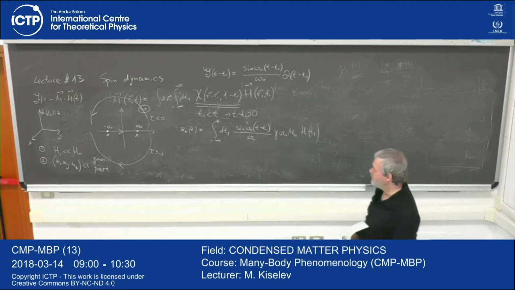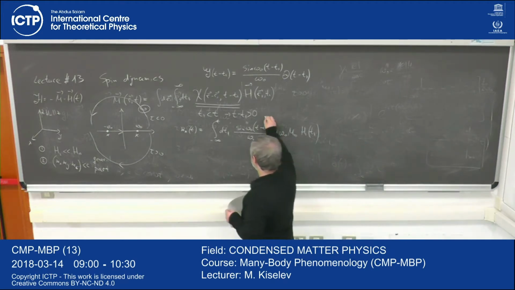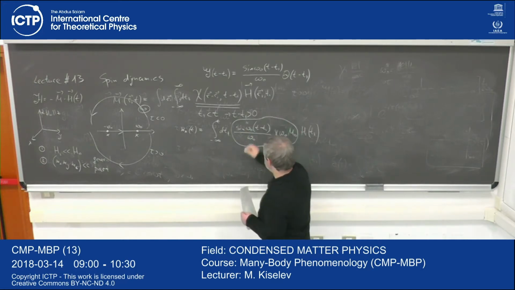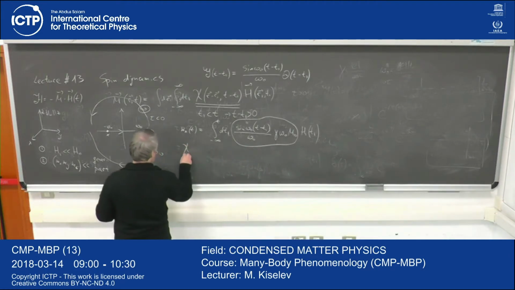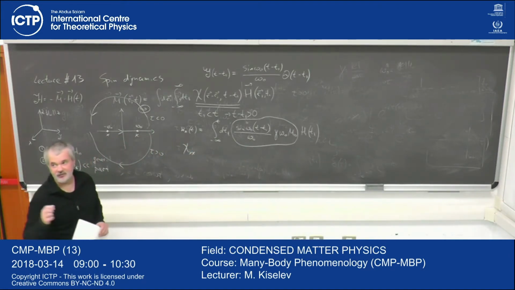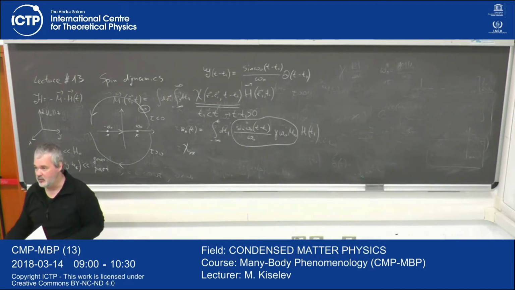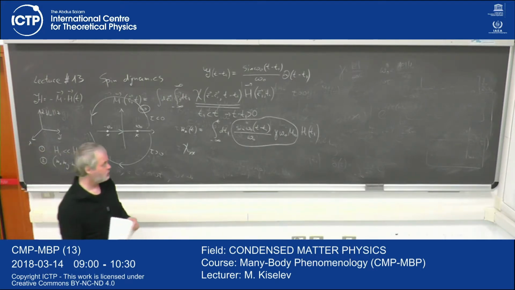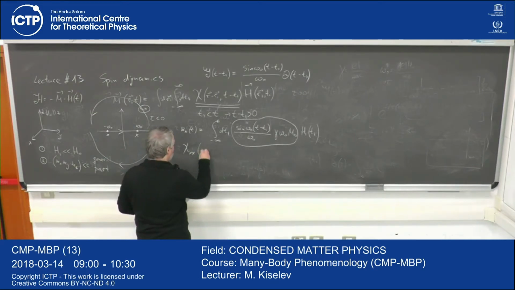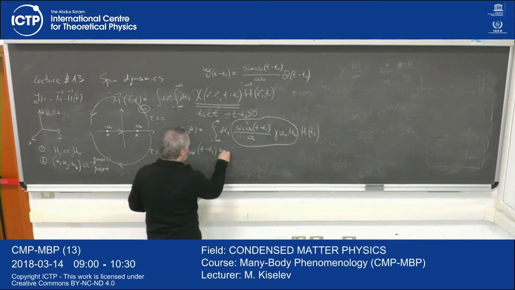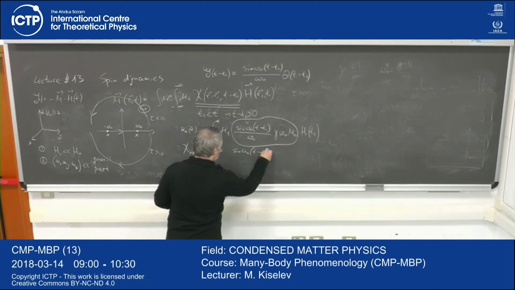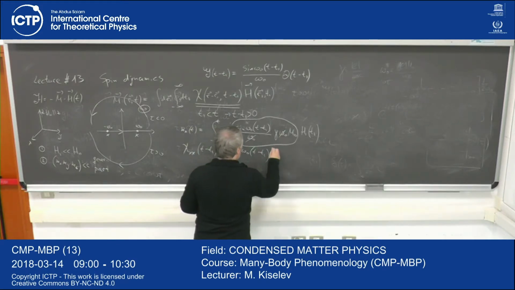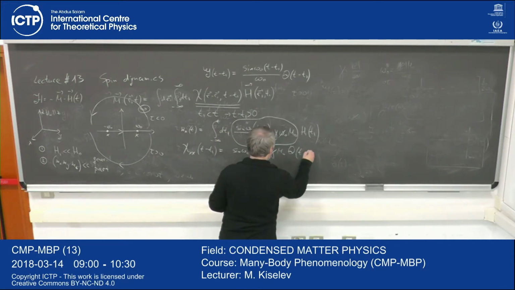So then, by comparing this equation, I will say that my susceptibility chi xx, because this is a tensor, and I apply the field along the x direction, and I compute the response in the same direction. So chi xx (t minus t1) is equal to sin omega naught (t minus t1) over gamma m naught times the theta function (t minus t1).